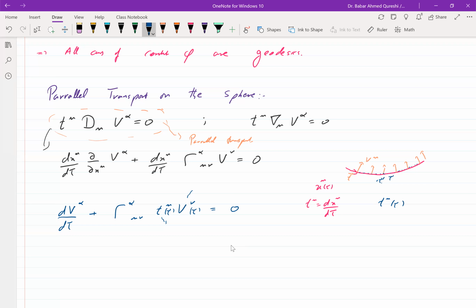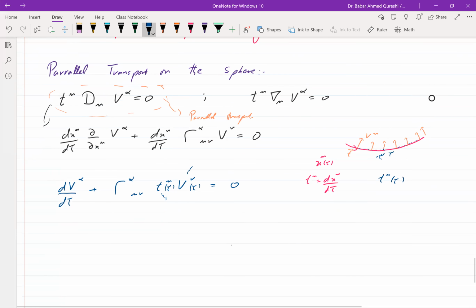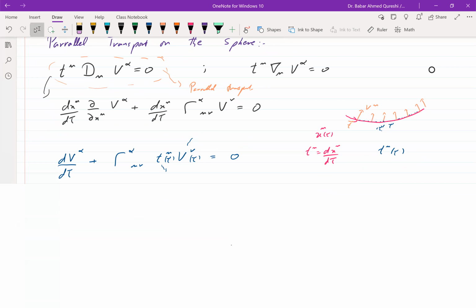So, first order equations in tau. Now, if I write these equations up, then I have dv theta. This vector which I am transporting will have two components, theta and phi.